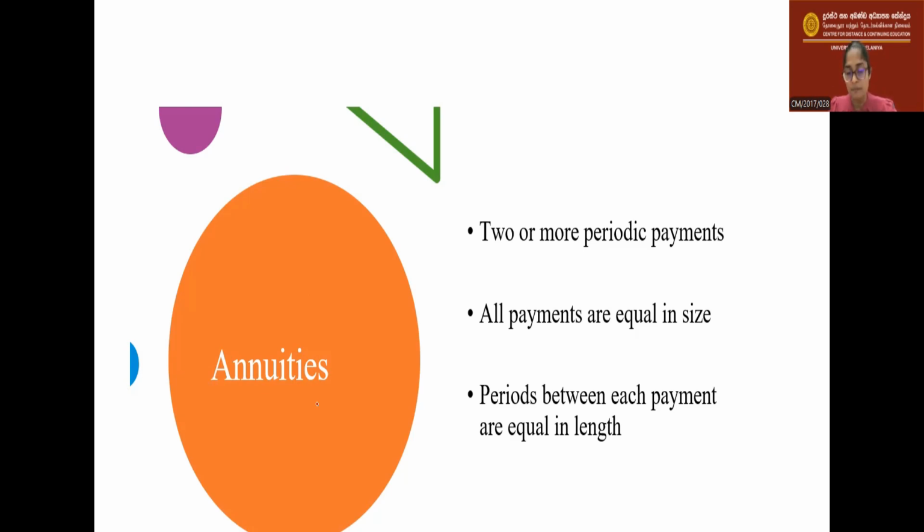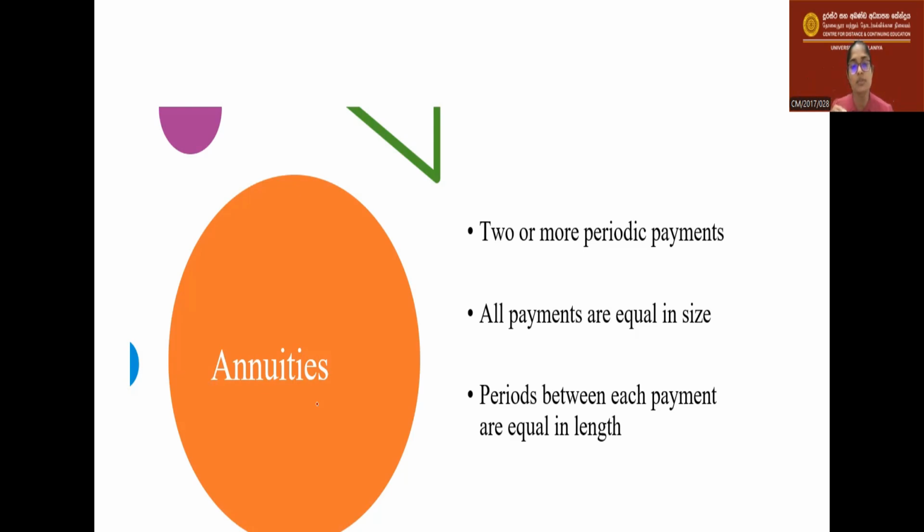Ordinary annuity means equal amounts of money, equal receipts or equal payments, are received or paid at the end of each year, or at the end of each month, or at the end of each quarter.